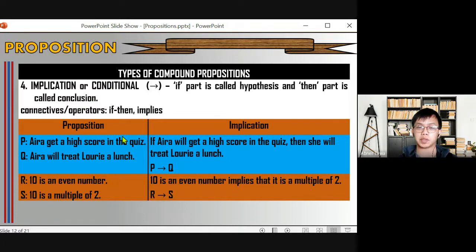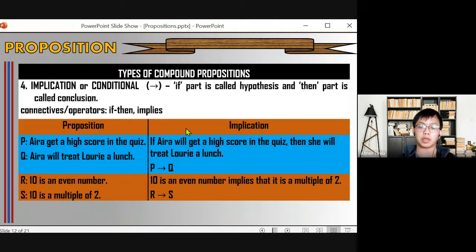Okay, so para mas maintindihan natin, let's have here an example. With your proposition P, Ira gets a high score in the quiz. And proposition Q states that Ira will treat Lori a lunch. Okay.